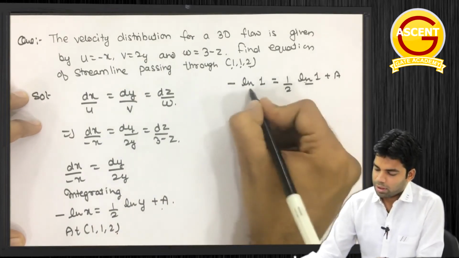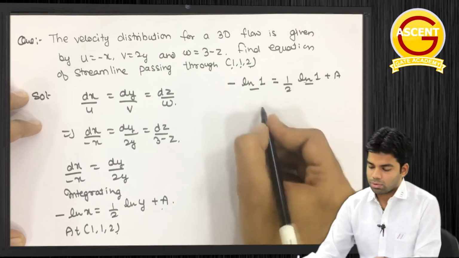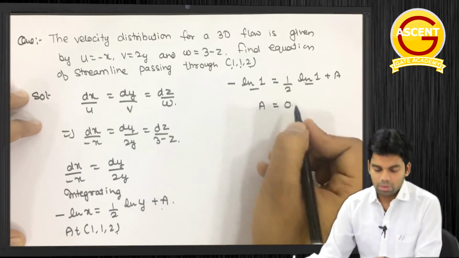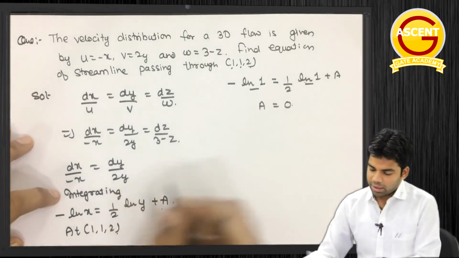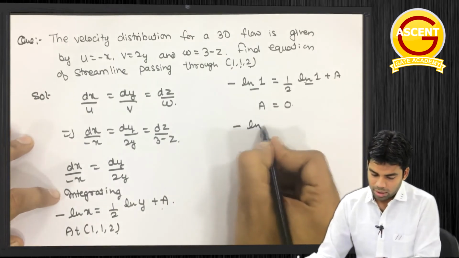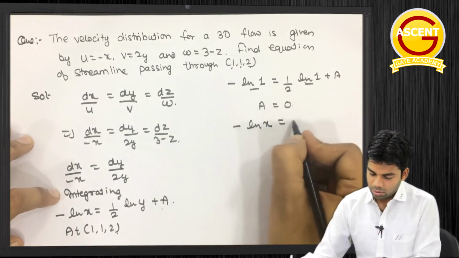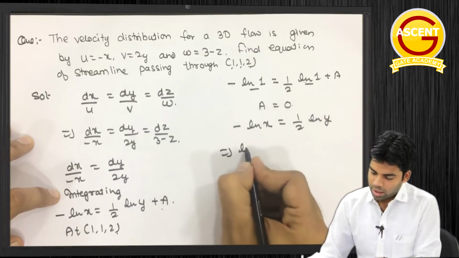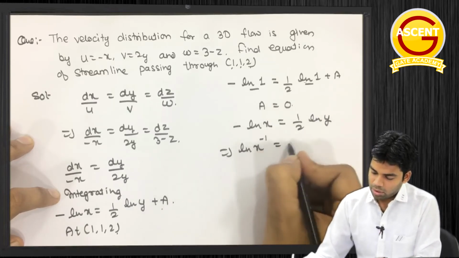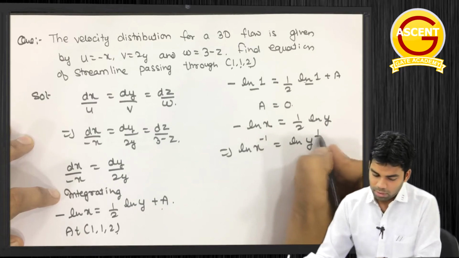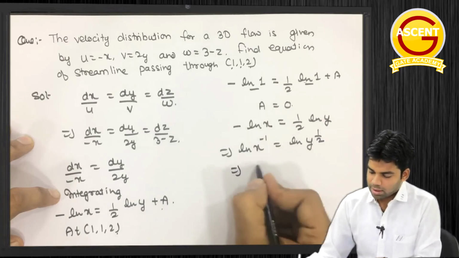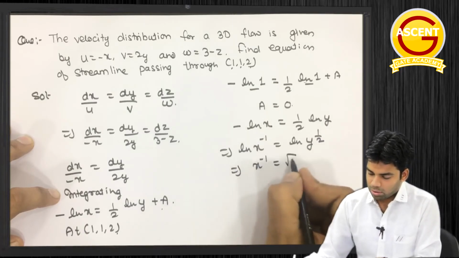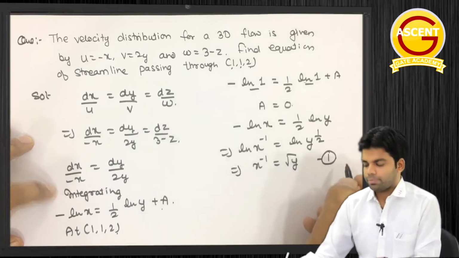Now ln of 1 is 0, so from here a will be equal to 0. So finally we will get the equation as minus ln of x is equal to half ln of y, or you can say ln of x to the power minus 1 is equal to ln of y to the power 1 by 2. So from here x inverse is equal to under root of y. This is equation number 1.